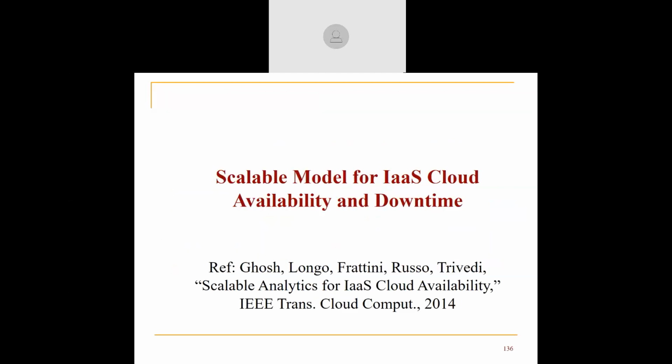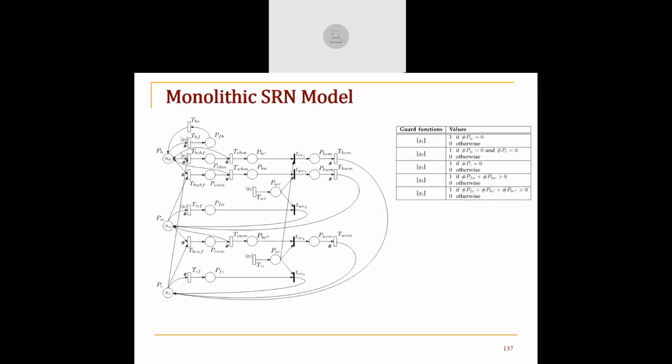Okay, the second example I want to come back to for fixed point iteration is our scalable model for cloud availability that we showed earlier, in which, after 7-7-7, seven physical machines in the hot pool, seven machines in the warm pool, and seven machines in the cold pool, I couldn't even generate the Markov chain or store the Markov chain.